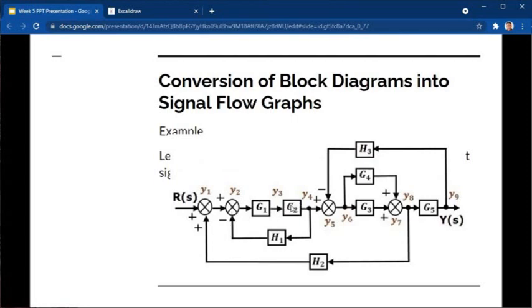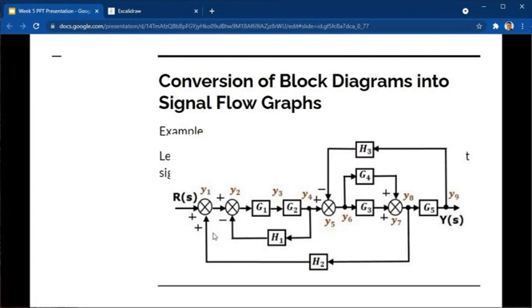These are the blocks in block diagrams. These are the gains. So after the gains, output, gain, output, gain, output, and so on. So in between gains, there should be a node. Node, node, node, node, node, node, and node.